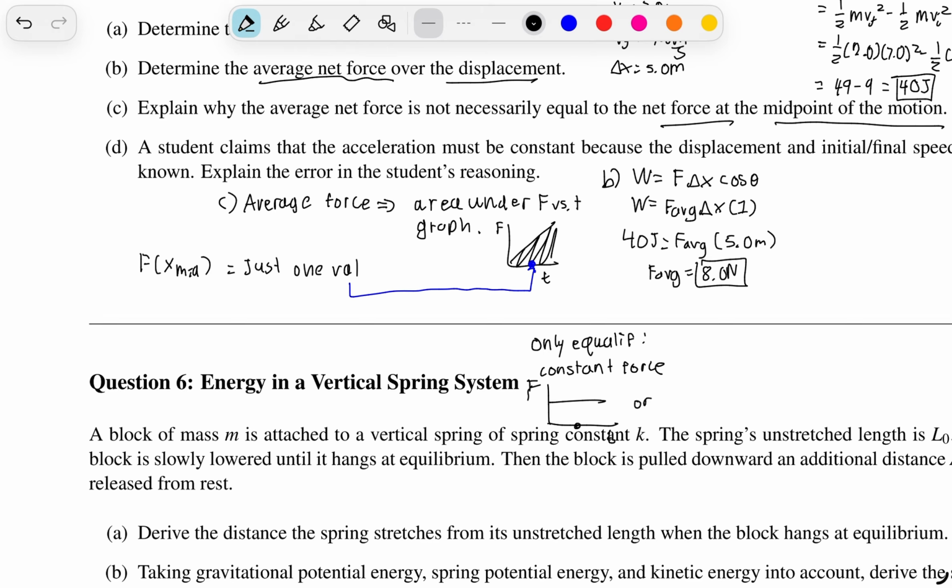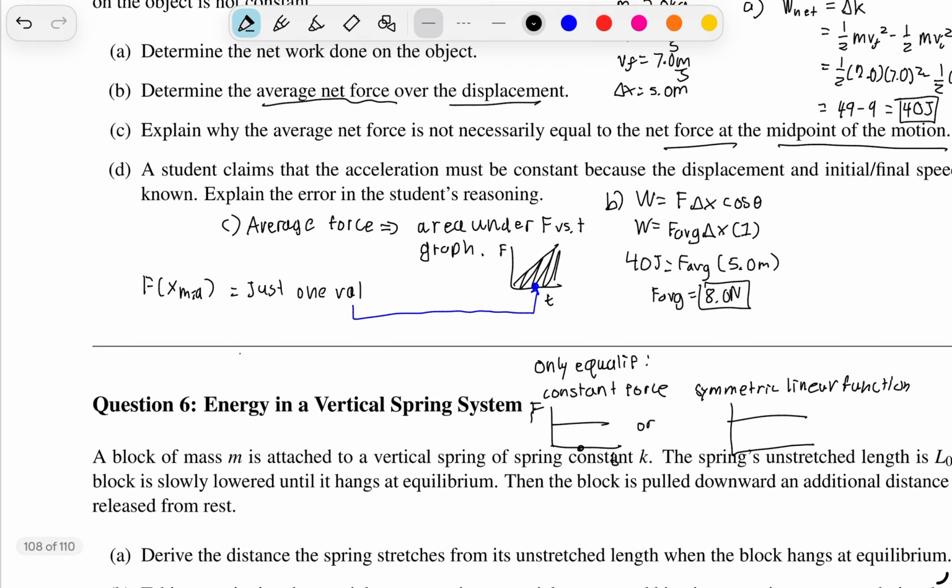Or if you have a symmetric linear function, which I guess is usually just going to be a line. So that means that for this answer, your F average is not equal to your F middle in general.